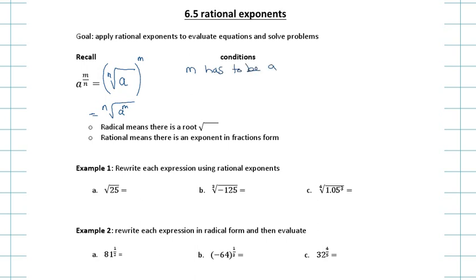When I say an integer, I mean it could be positive or negative, or zero, a whole number. Okay? So it can't be a decimal, right? It can't be a fraction, m itself. So it can be positive, it can be negative, it can be zero, as long as it's a whole number.